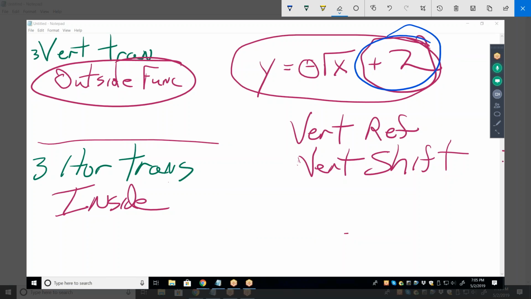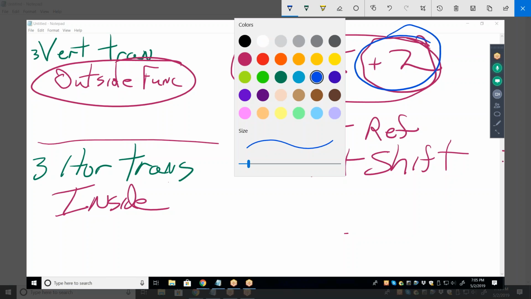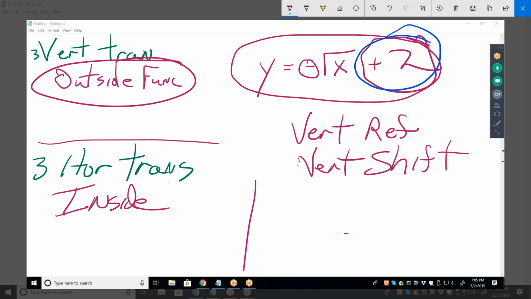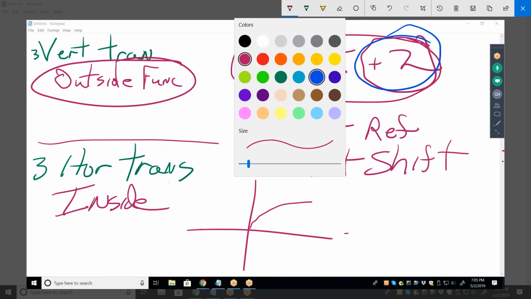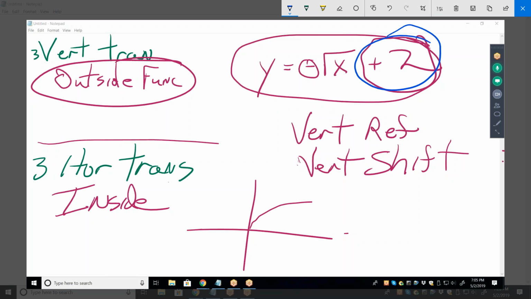So we have two things going on with this function. First thing, vertical reflection. Second thing, vertical shift. Do them in that order. So if I were to graph that, here's the elementary function. First thing I do is which?